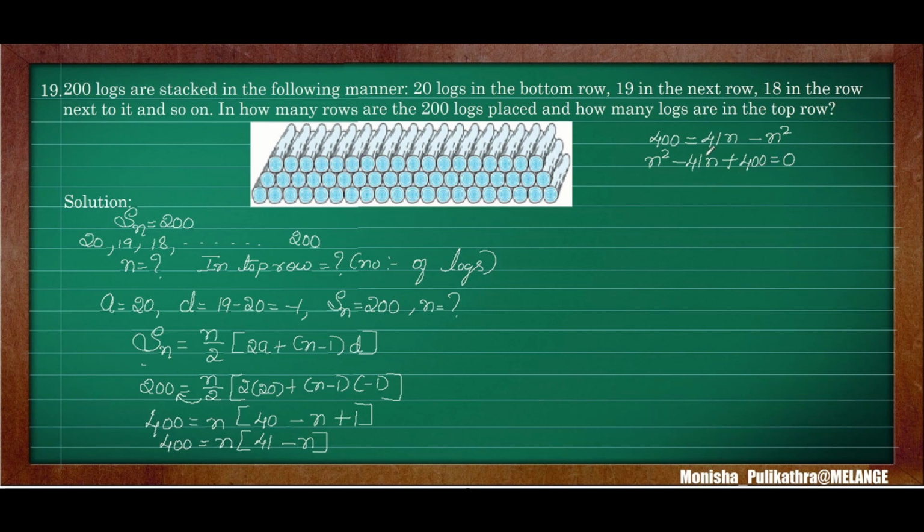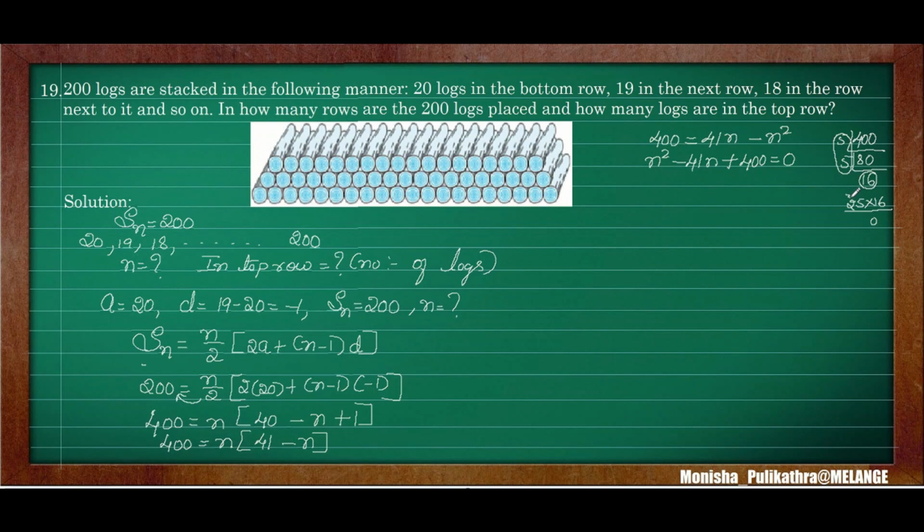Now we need to factorize it. When we split this minus 41, we need to get two terms so that when we multiply them, it should be 400, and when we add them, it should be the middle term. For that, first we need to take the factors of 400, that is 5 8s are 40, so 5 80s are 400, and 5 1s are 5, 5 6s are 30. Okay, so here we can group it. 5 into 5 is 25, so 25 into 16.